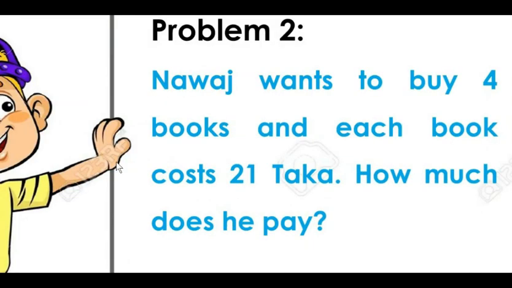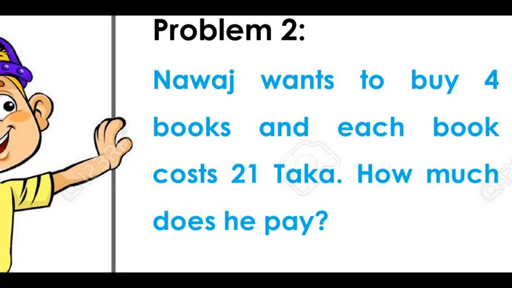Now let's move to problem number 2. Nawaz wants to buy 4 books and each book costs 21 Taka. How much does he pay? Here each means 1. So 1 book costs 21 Taka.